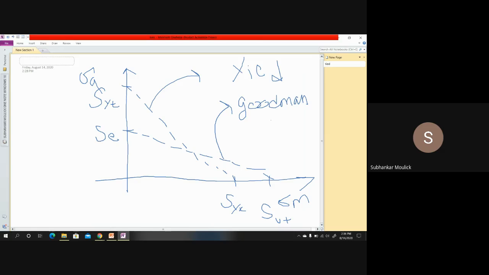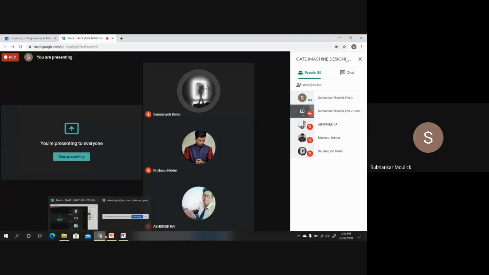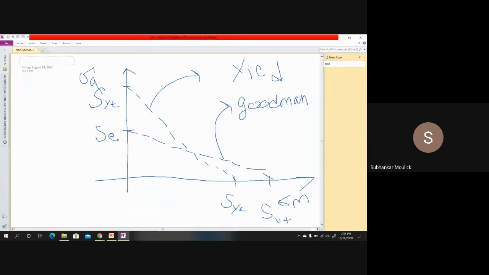This is your Goodman line. Now, the modified Goodman diagram is obtained by combining the yield line and the Goodman line. For example, say my coordinate sigma m is 40 megapascal and my sigma a is 60 megapascal.